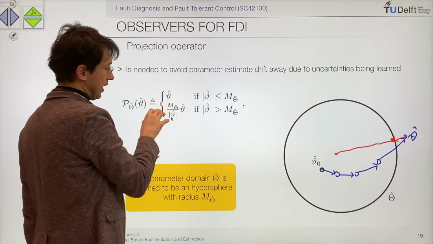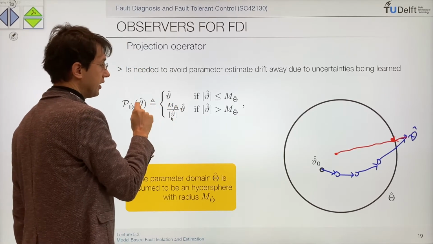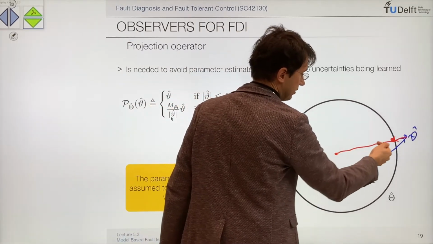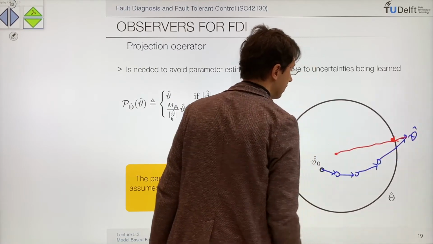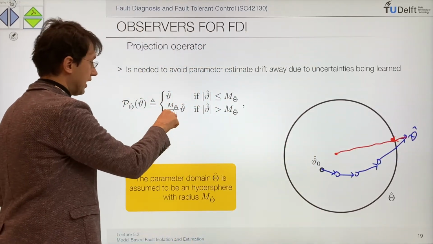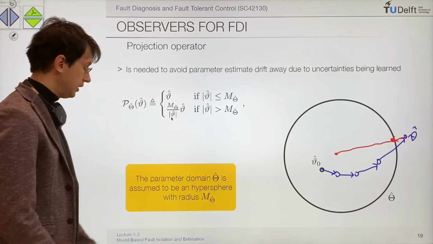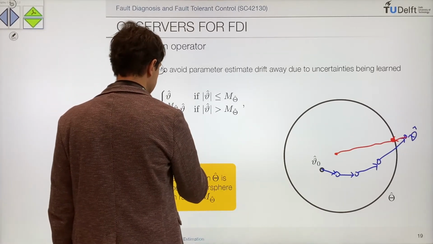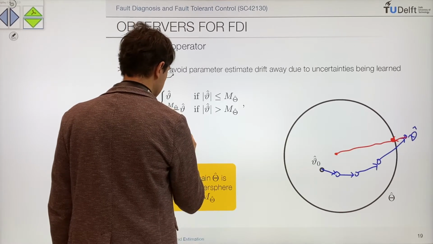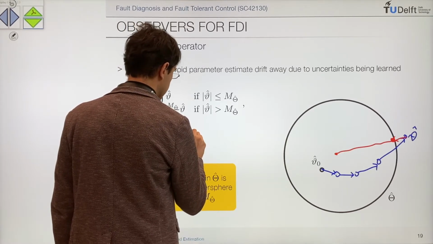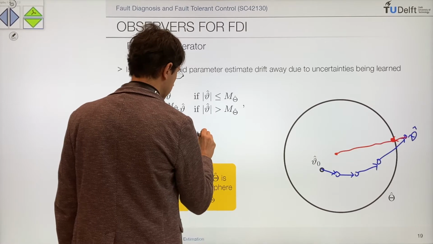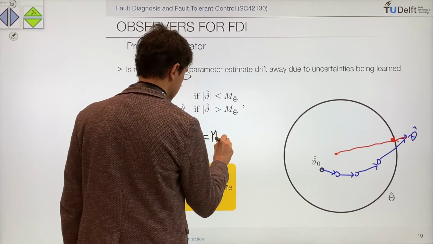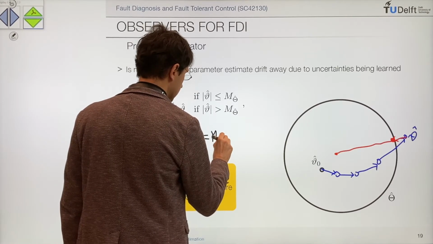The result of that, if you look at this expression, is a vector that has the same direction as theta hat, but its magnitude is exactly m theta hat. So if you take this and compute its magnitude, well, this is m theta hat. And it is easy to see that.